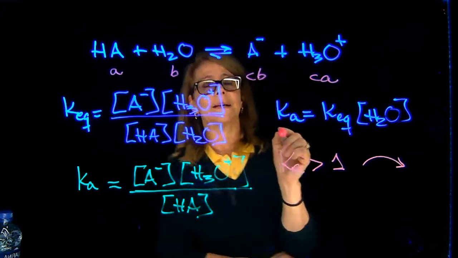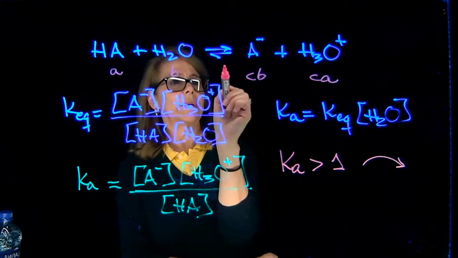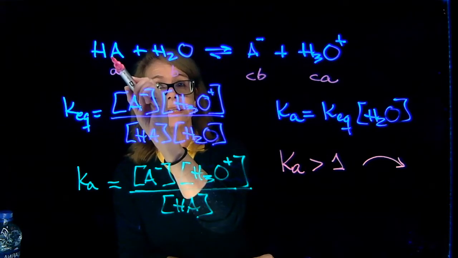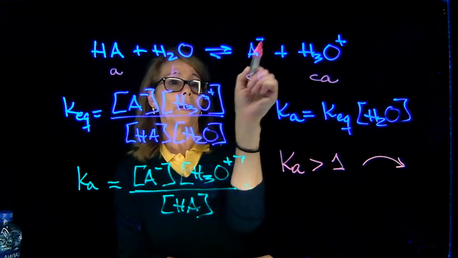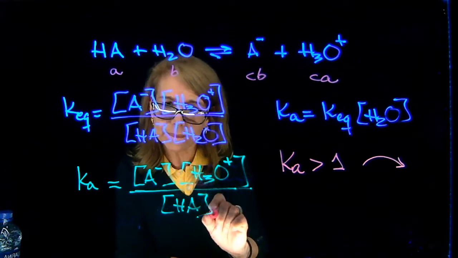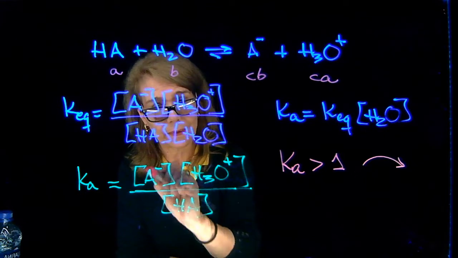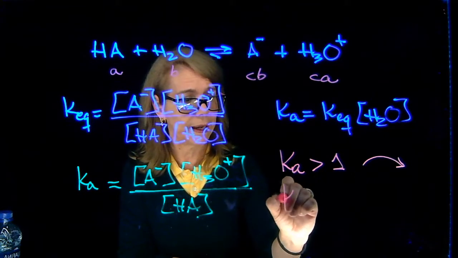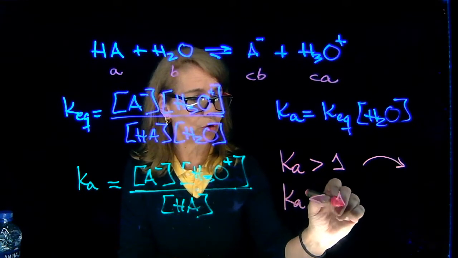On the other hand, if the acid is weak and we have more of the acid at the equilibrium than the other species, then the number below is bigger than the number above, and Ka is going to be smaller than 1.